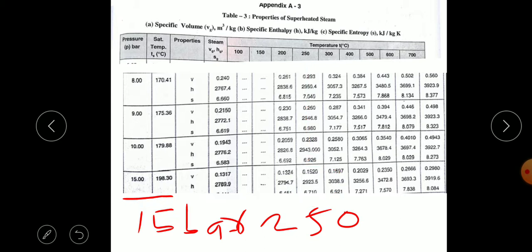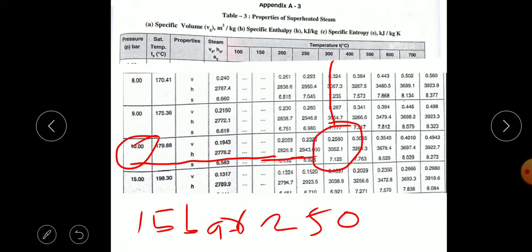Now suppose we are given 10 bar pressure and temperature 300 degrees centigrade. So we go for 10 bar pressure and the third column, the 300-degree column. We get these three properties.